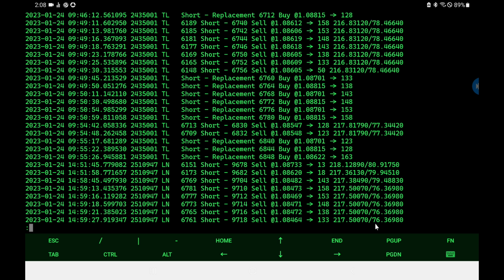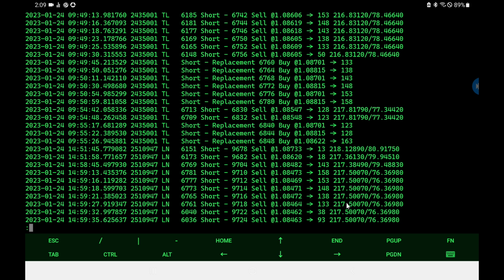And then you see the big sell-off. And you see just how the balance continues to build aggressively and how the margin begins dropping.